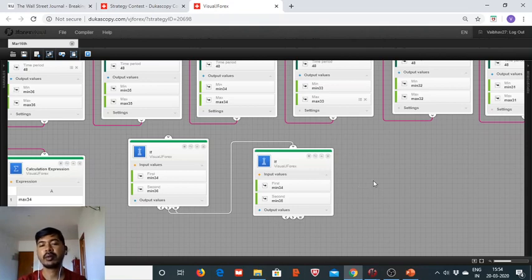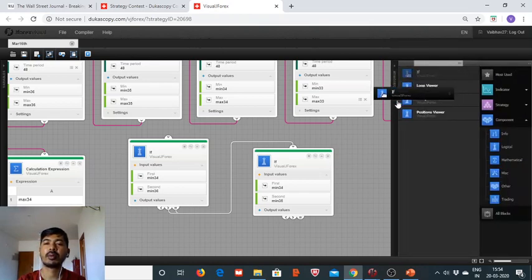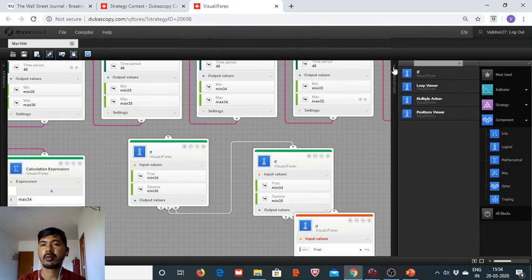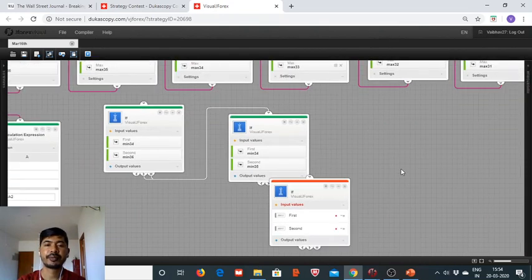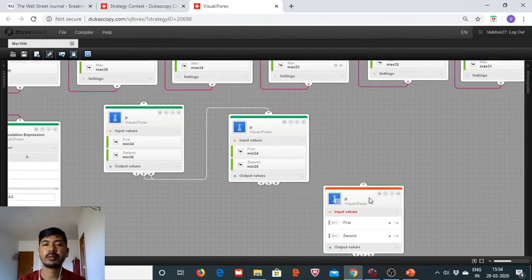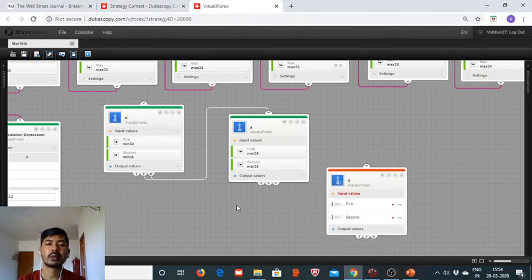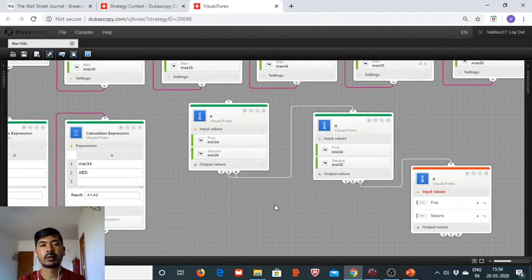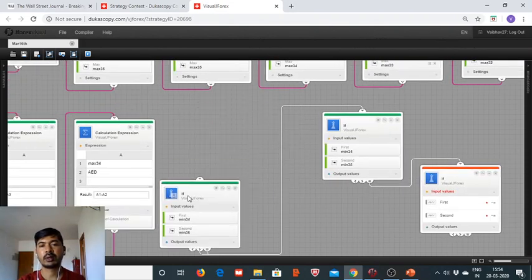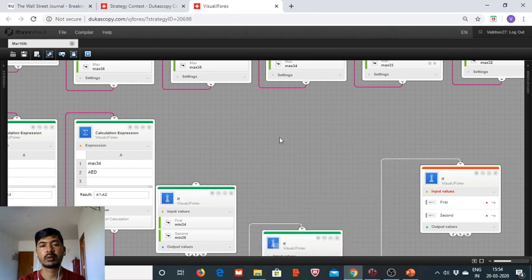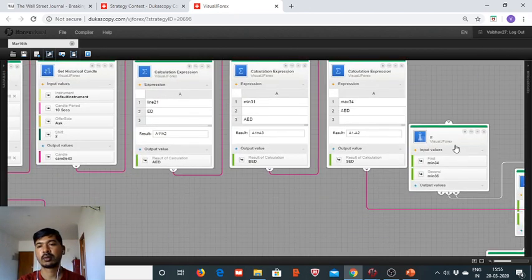So here the necessary requirement will be that it should be equal, and now again we go back to bring in another if block and we connect it. So this is the setup so far. Let us connect all these.